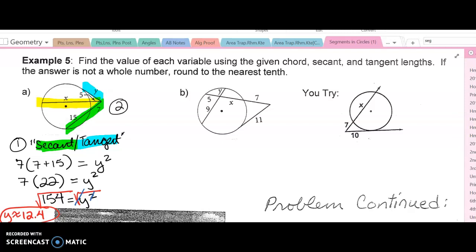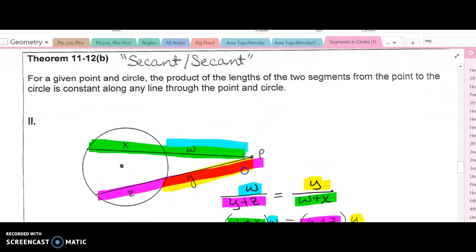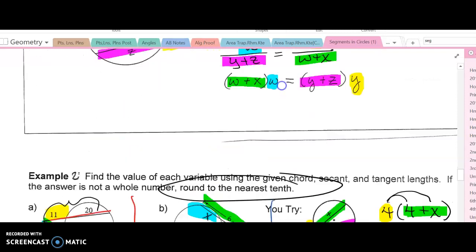Okay, then for the second part, because we've only solved for y, we still have to solve for x. You don't have to, but I'm going to do the secant formula strategy, which was on the last page, right? Because I have two lines going all the way through the circle.